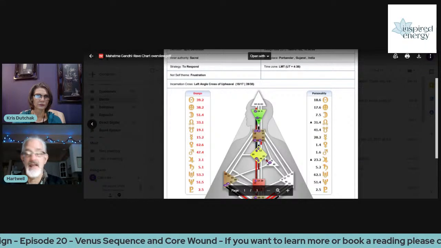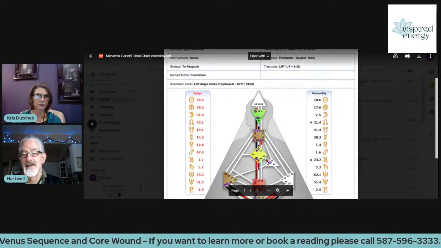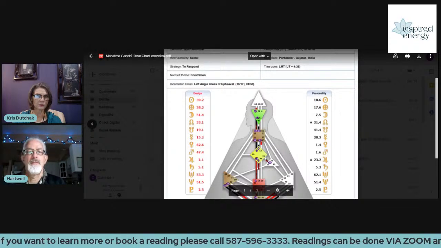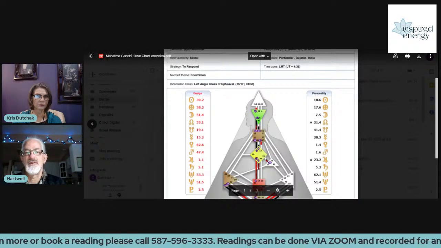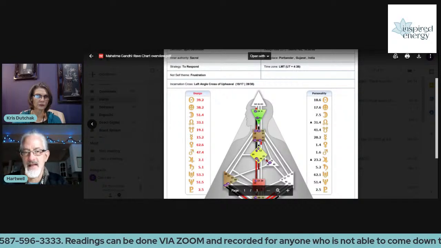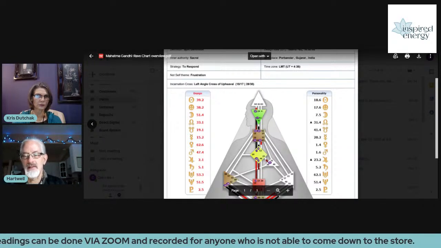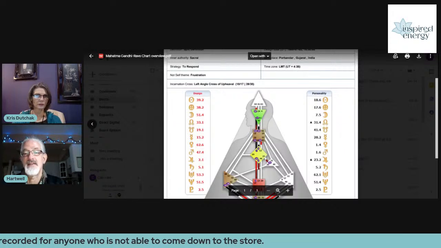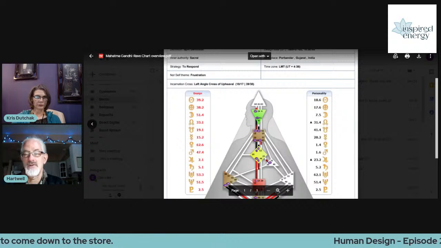That is the body and the mind, the red and the black. It consists of 4 points, starting with the personality Venus, which is the trigger point. Then we have the defense against love with the personality Mars. Then we have the love point with the Venus position on the design side. And we have the core wound, which is Mars on the design side.